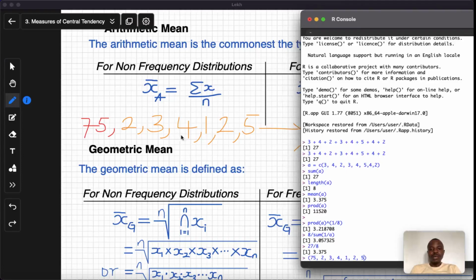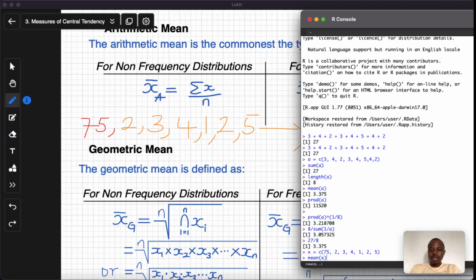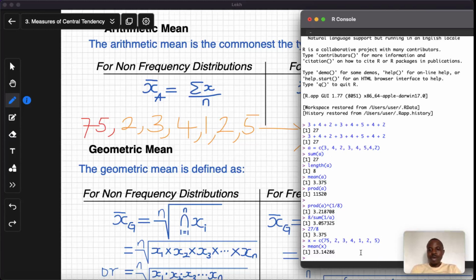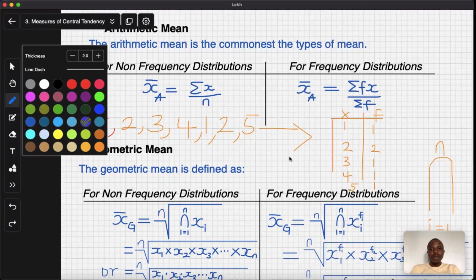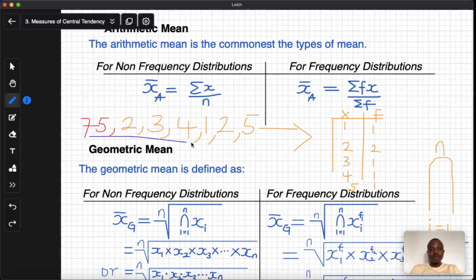These were not the observations we used originally, but let me just quickly do this. We are looking for the mean of 75, 2, 3, 4, 1, 2, 5. If you do that, you should have the mean of x to be 13.14. So the mean of all of these gives us a value of 13.14.